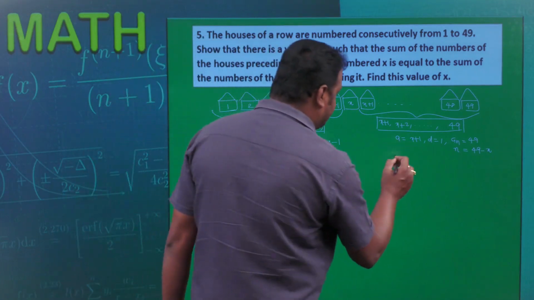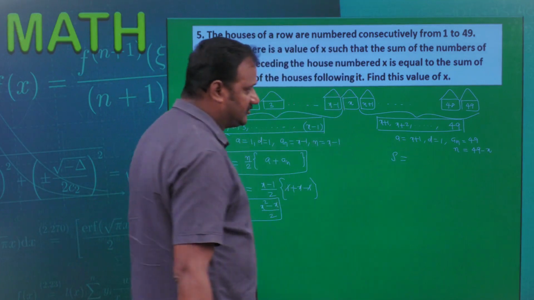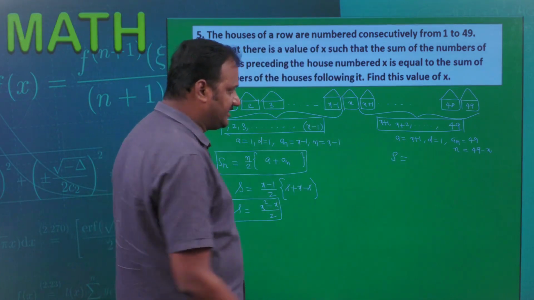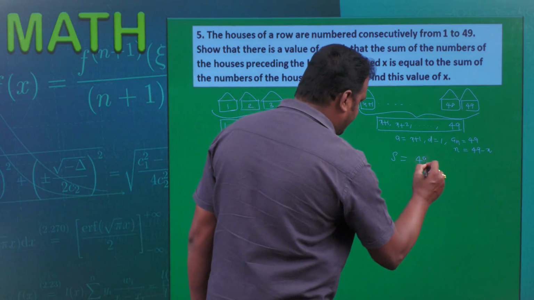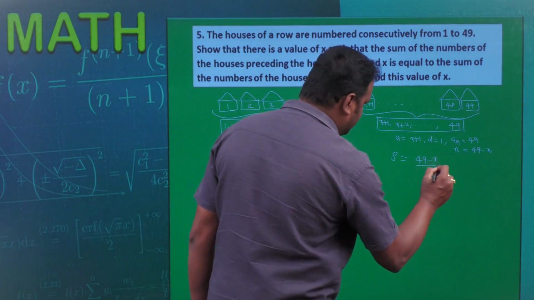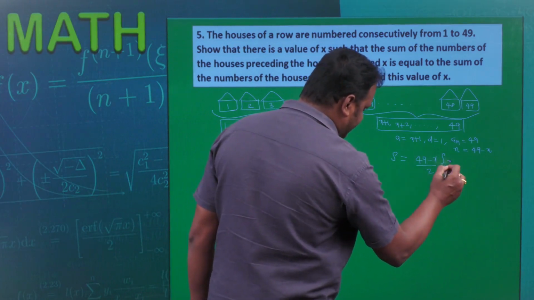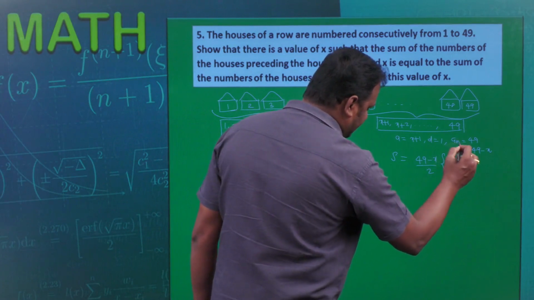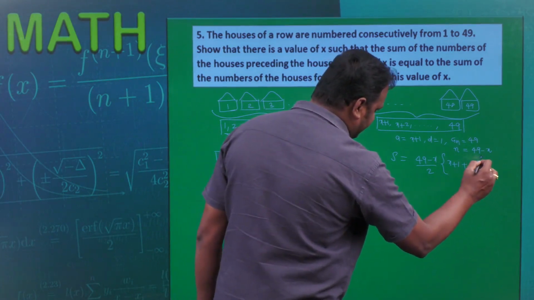Similarly, sum of terms of this arithmetic progression is going to be again n by 2. n is equal to how much? 49 minus x by 2 into a plus an. a is equal to x plus 1 plus an is equal to 49.